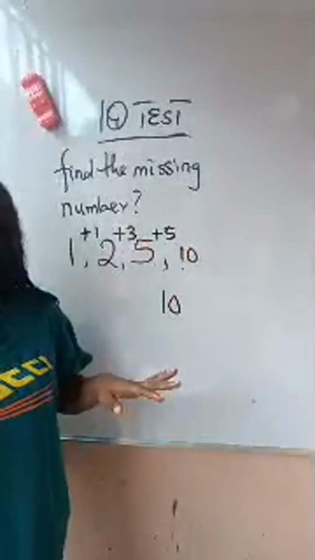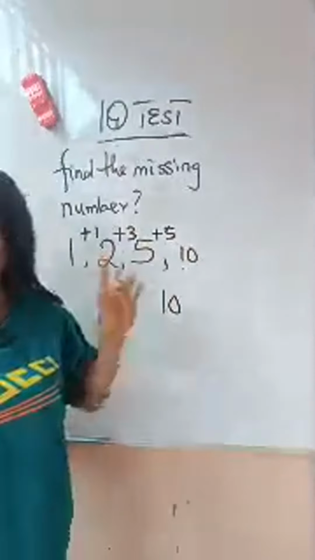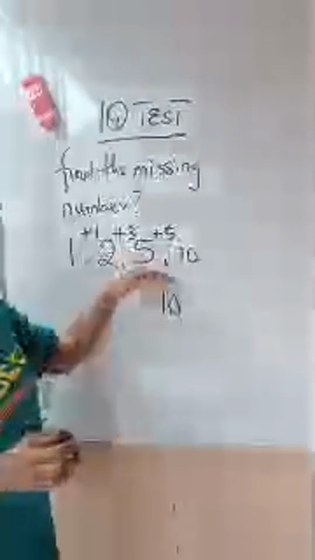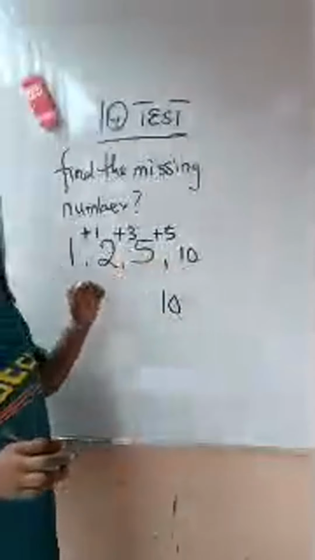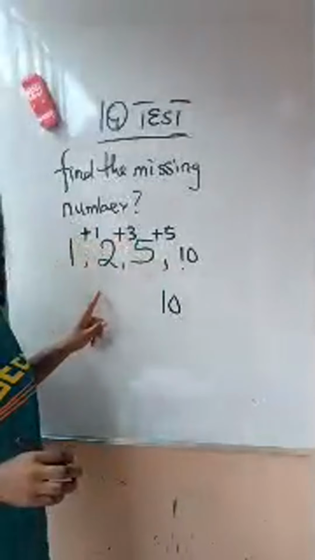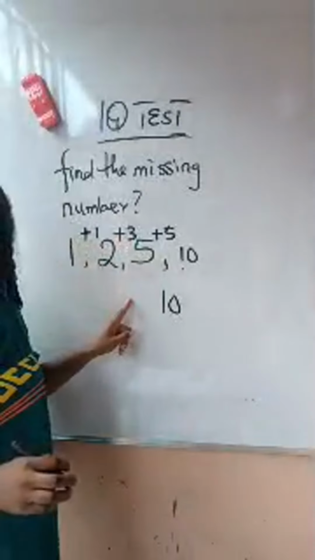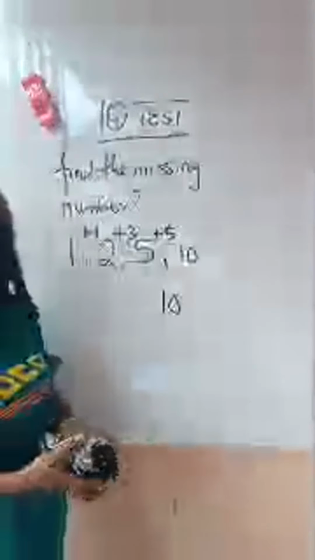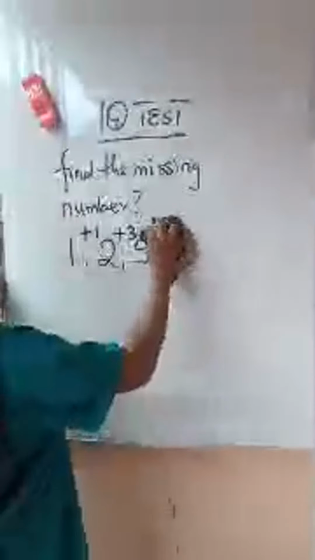I cannot stand there and say that he's wrong. That is why I said we don't have enough numbers to prove whether someone is right or wrong, because this is a pattern and it's working. Now, this is another pattern and this pattern is working as well.